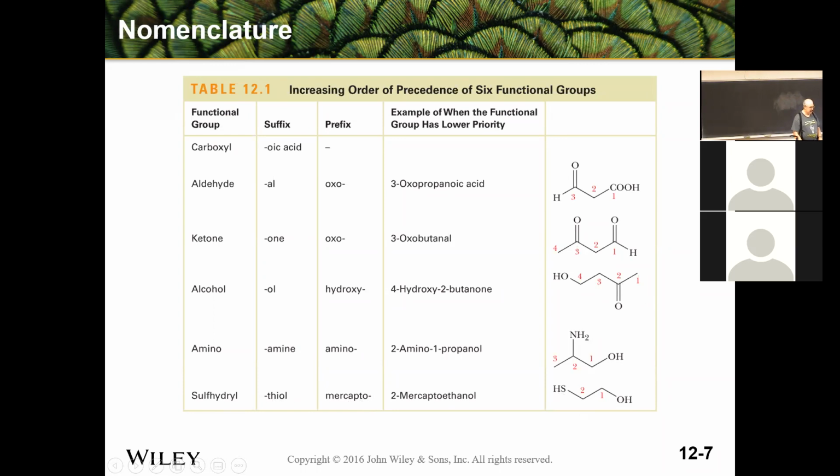The alcohol takes priority. The amino group is also lower priority than an alcohol. If the amino group is the dominant group, then it's an amine. If it's not, then it's an amino substituent. So this is 2-amino-1-propanol. Okay, the alcohol takes precedence.